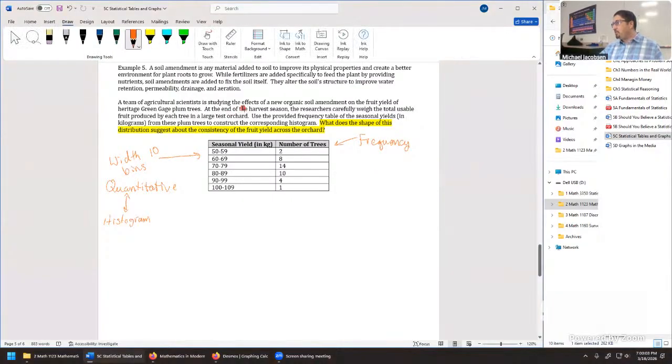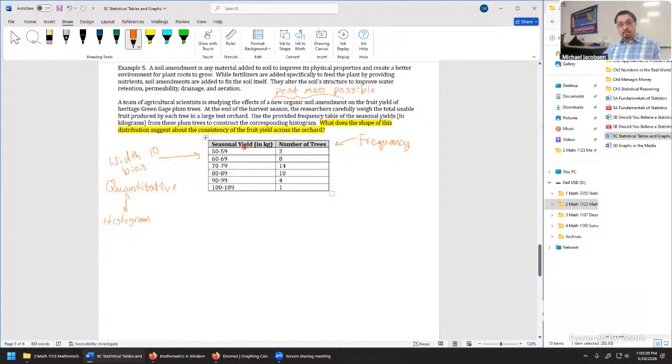I wish the context went a little bit further now that we're reading this. It never said what the new organic soil amendment even was, but it's organic, so it could be something along the lines of peat moss. Possibly. Or maybe a compost of some kind, who knows? But it's some kind of thing we're adding to the soil, mixing into the soil. Then they planted a large test orchard of these plum trees and measured the seasonal yield in kilograms.